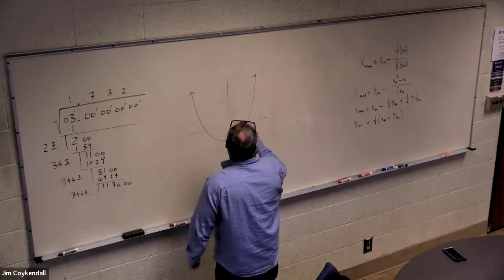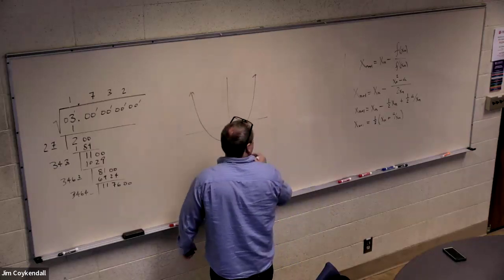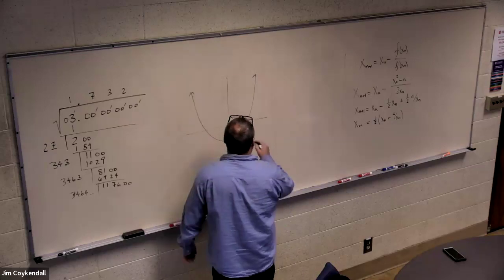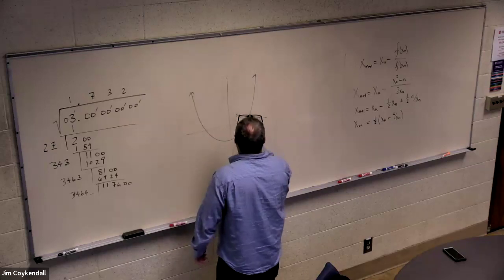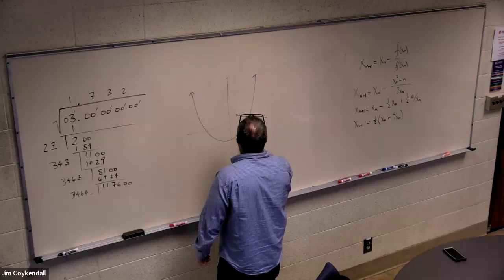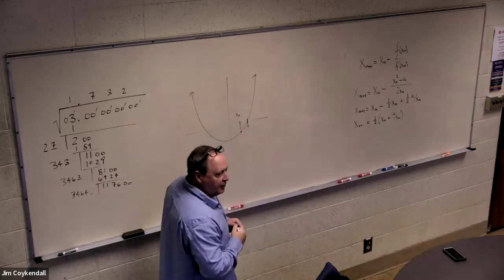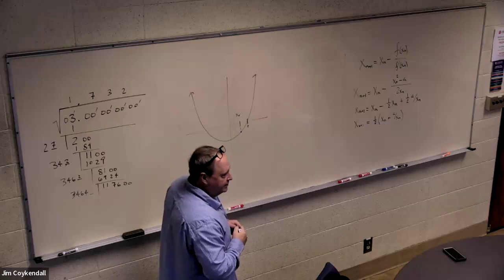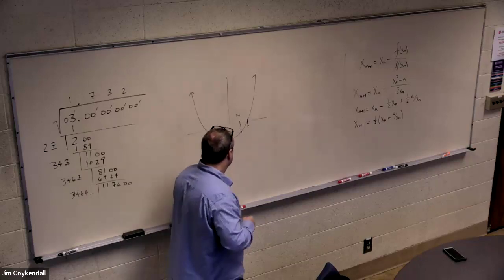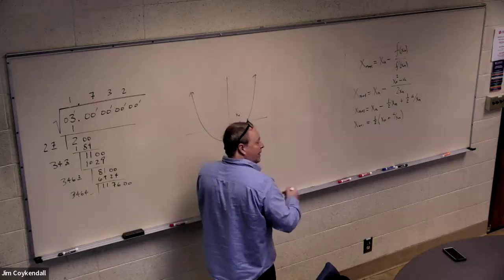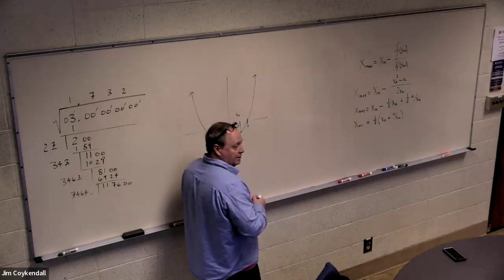Let's suppose we start off taking the square root of 3, and suppose your initial approximation is less than the root. What can you say about the next approximation? Bigger or smaller?